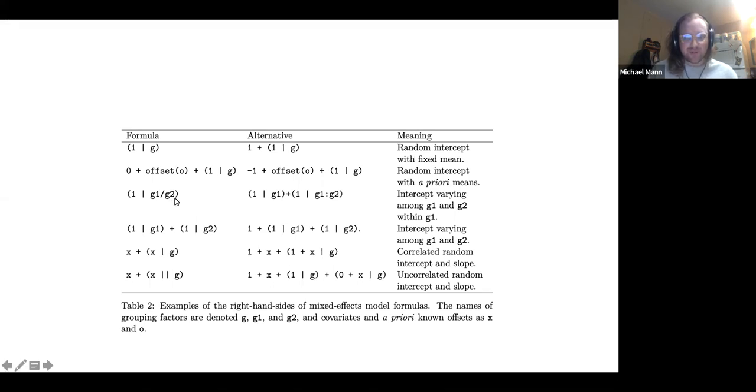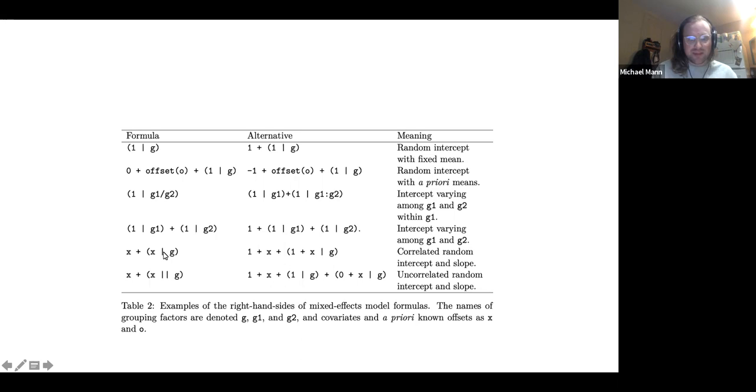So G2 would be the points on the stream, the internal one, nested within G1, which would be the different streams. This is probably the most common model you'll use. You could also, if you had 2 things that were not nested, but you wanted 2 different random effects, write in this form. And this is a cross-nested model.